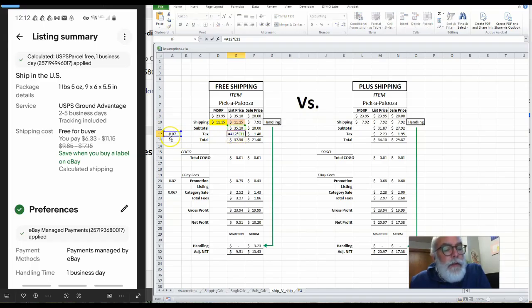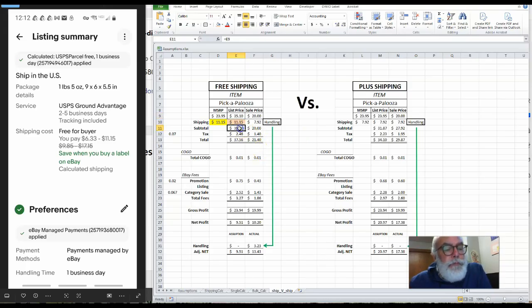But so the tax now is on the $35.10, which is our item price plus the shipping. Why? I mean, honestly, that's a good question. Because we're including it in there, right? And it's the price. And it's not going to be any too much different when we go to the plus shipping side, because the plus shipping gets added to the list price, right?